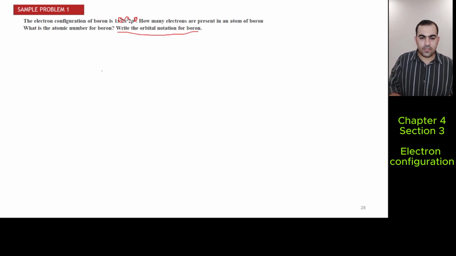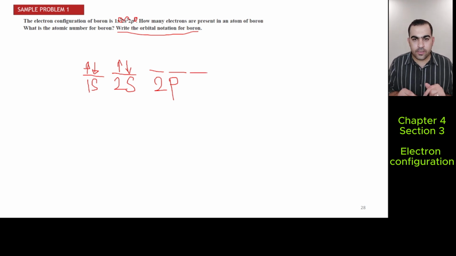It's given. It's very easy. For 1s, there are 2 electrons in 1s. We change the electron configuration notation into orbital notation. Next 2s. In the 2s we have how many electrons? 2 electrons. After 2s comes 2p. P has how many orbitals? 1, 2, 3.